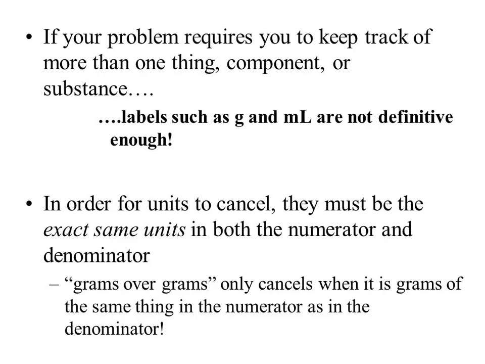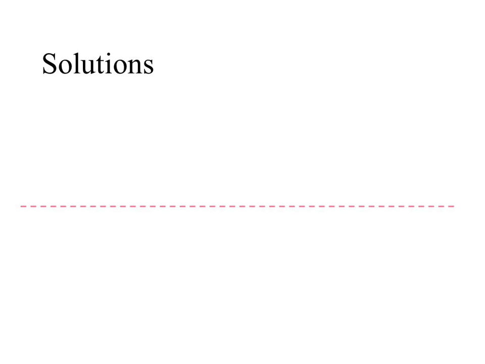I need to talk to my counterpart who teaches this class too, because I usually think of grams of A over grams of solution as potentially canceling each other out and becoming unitless. But this slide says no. My point is to make sure that you say grams of what.